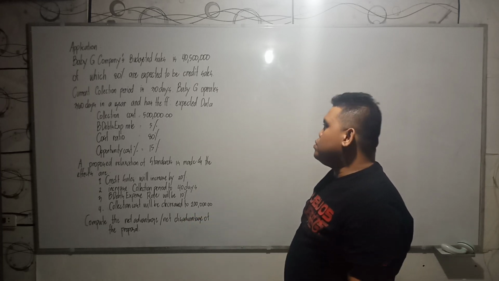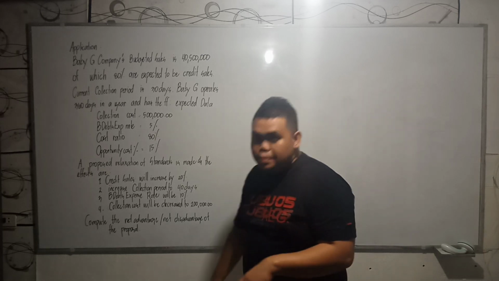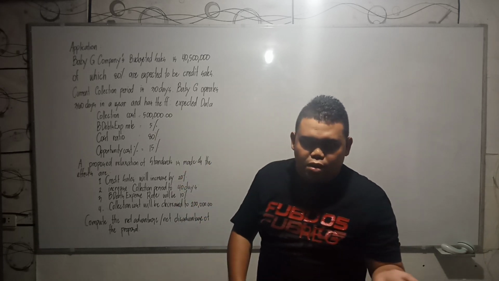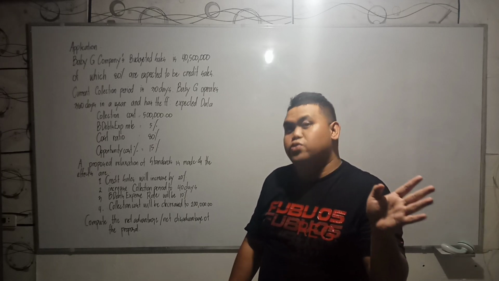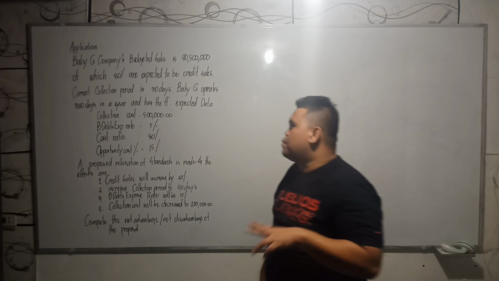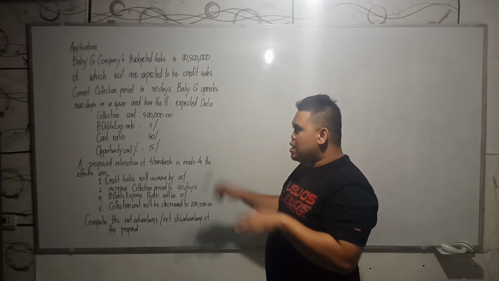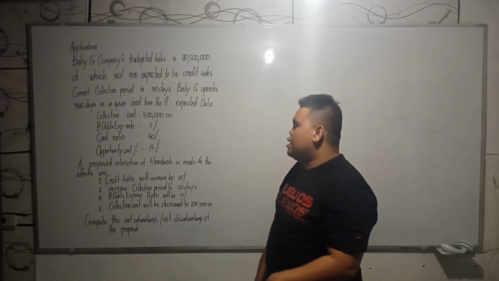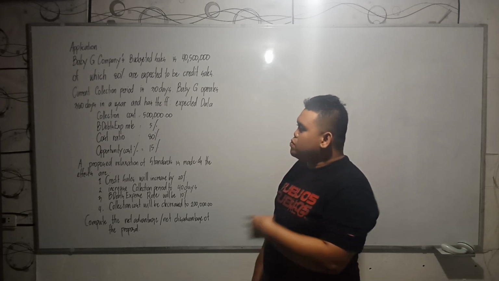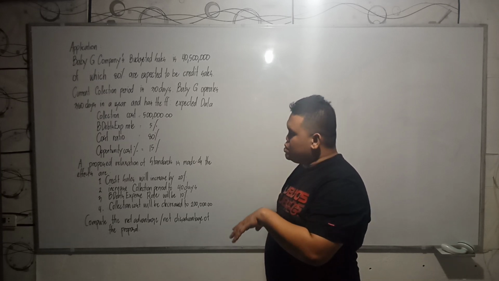Okay? So actually this is not my problem. I have copied this problem in the internet and I don't know who is the original author of this one. Now, the budget's expense rate is 5% based on sales and the cost ratio is 80%. So meaning the gross profit ratio is only 20% because the cost ratio is 80%.